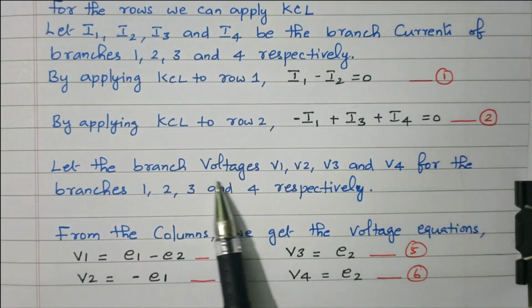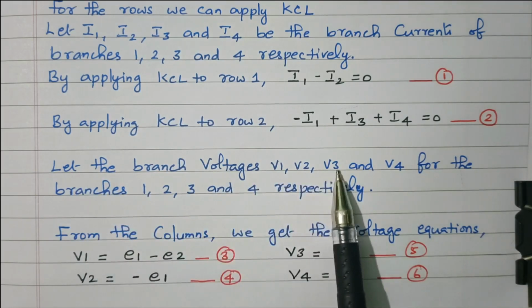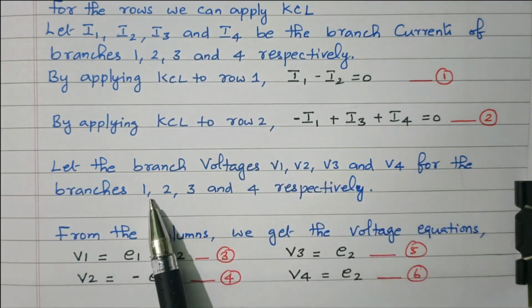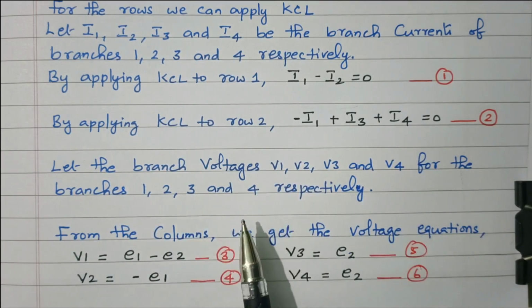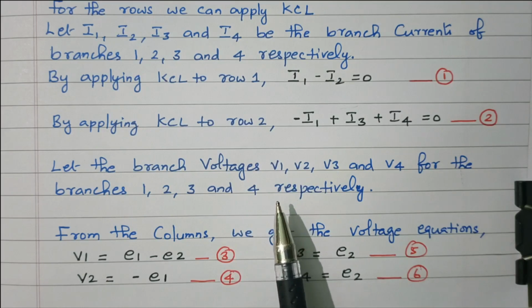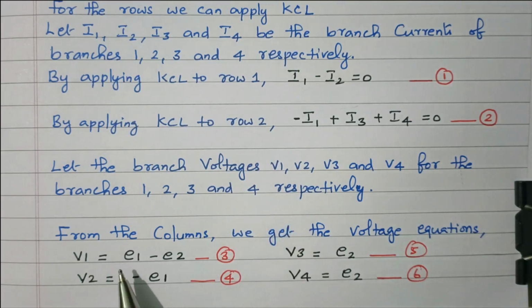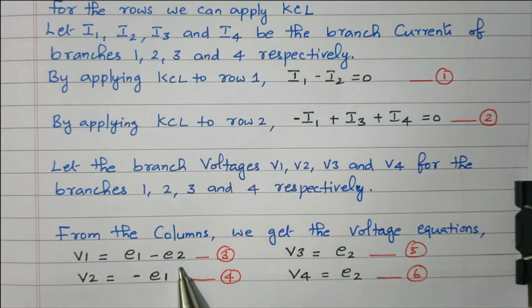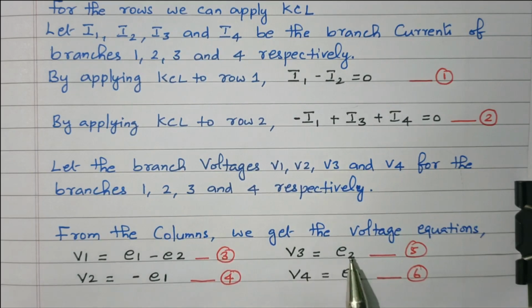Similarly, let the branch voltages be V1, V2, V3 and V4 for branches 1, 2, 3 and 4 respectively. E1, E2 are the tree branch voltages, and V1, V2, V3, V4 are branch voltages. From the columns, we can write V1 equal to E1 minus E2, V2 equal to minus E1, V3 is E2, V4 is E2.